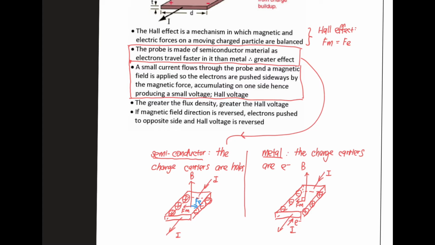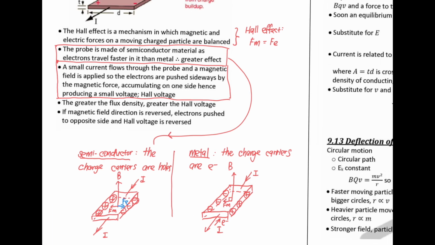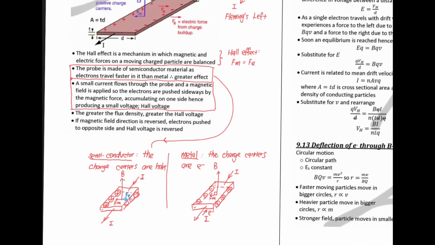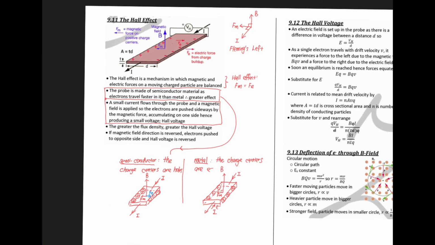The greater the flux density, the greater the Hall voltage. How you'll be able to understand it easily later is when you look at this point. Let's take a look at the formula for Hall voltage: Hall voltage equals BI over NTQ.